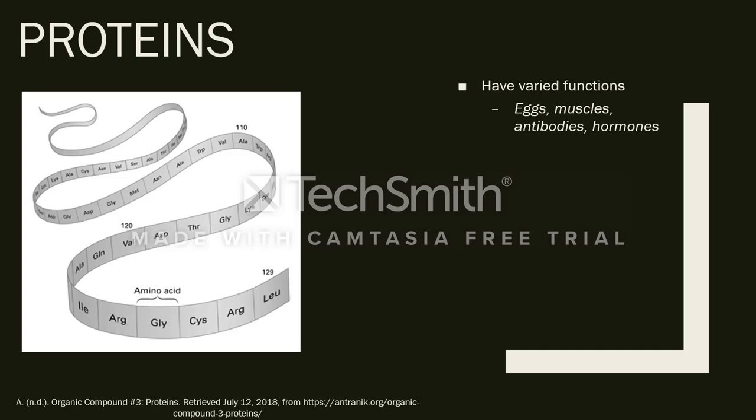You can find them in eggs, you get your muscles in them, they're involved with antibodies, and they're also involved in your hormones, right? Like I said, they consist of amino acids, and they're also used to build and repair different tissues in your body, okay? One very common thing is you hear protein and you think of muscle growth, right?